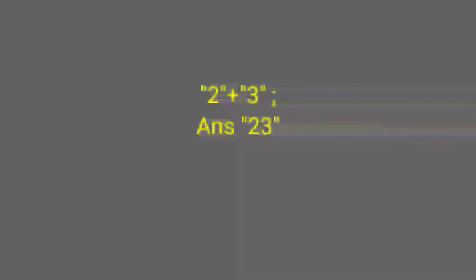Here is an example. Suppose you add "2" plus "3". Here 2 and 3 are strings, and your answer will be 23, because the plus operator will concatenate or merge the string values. So the answer will not be 5, it will be 23, because 2 and 3 will be merged together, since these are strings.